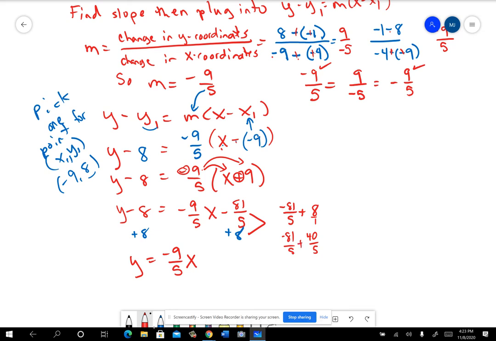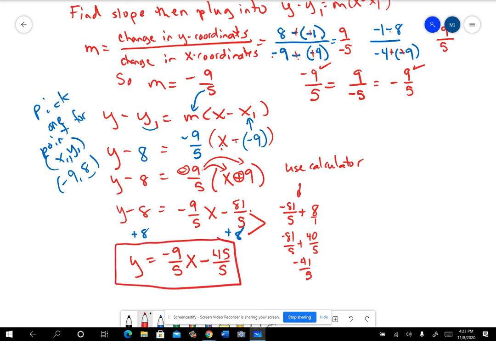I'm not expecting that. Just use your calculator. Use the fraction keys, and do -81/5 plus 8, and it's going to tell you -41/5. So that goes right here. That's what I get when I combine those. And then that's the equation in slope-intercept form.